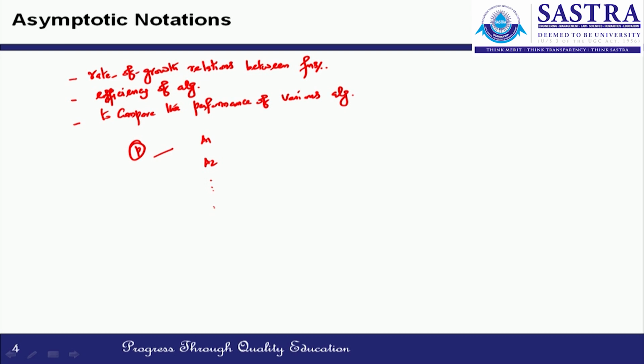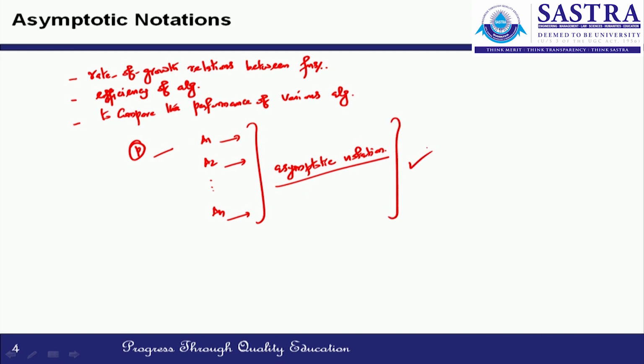Assume we have n different algorithms A1, A2, A3, up to An. Each algorithm's computational time should be represented using the asymptotic notation. Then we can find out the best possible algorithm among all these competing algorithms. So, to compare the performance of different algorithms and to identify the best possible algorithm, we need asymptotic notations.